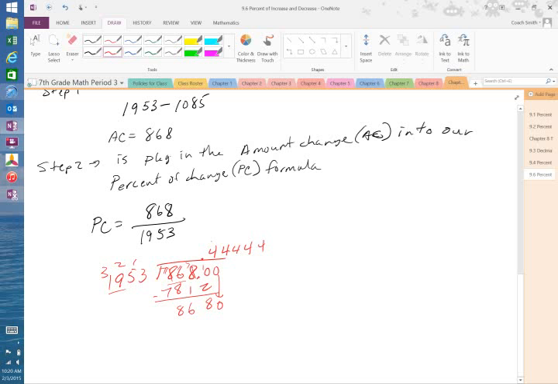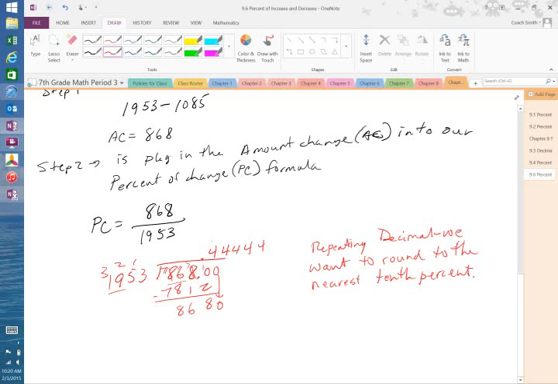So I believe the directions tell you to, okay, so we said the other day that when we have a repeating decimal, we want to round to the nearest 10th percent.